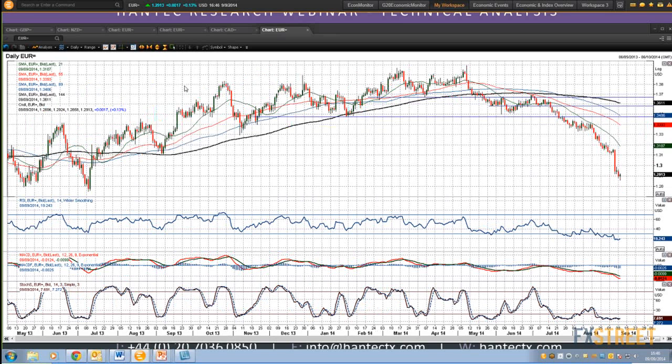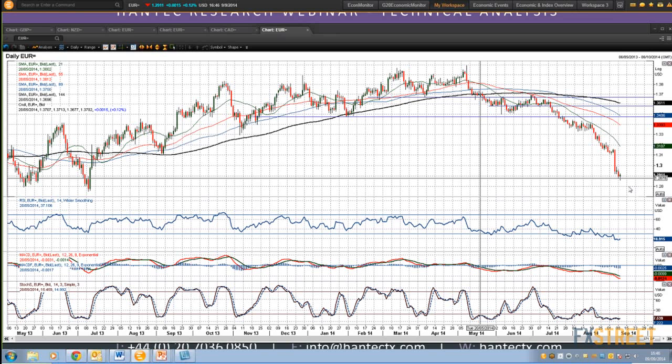Now, what are you looking at in terms of signals that you can use? Well, to be honest, you're so bearish on these momentum indicators across the board that it would be incredibly risky, I think, to be buying into that. At some stage, there's going to be a big technical rally on Euro Dollar.